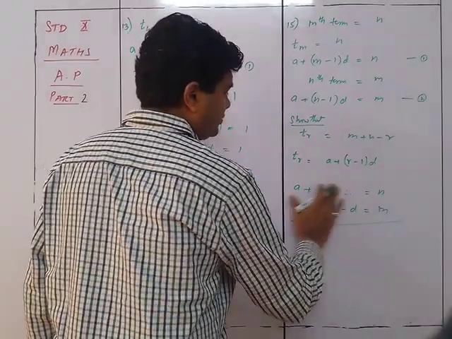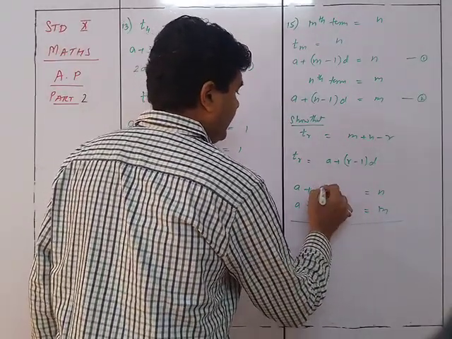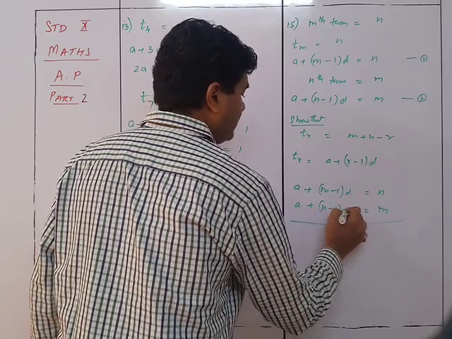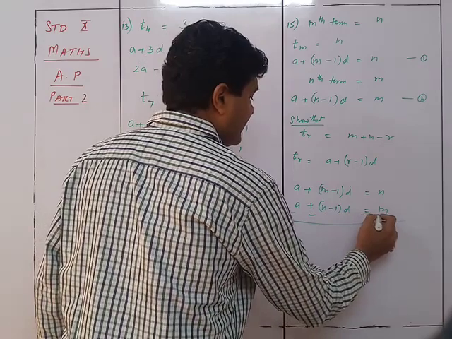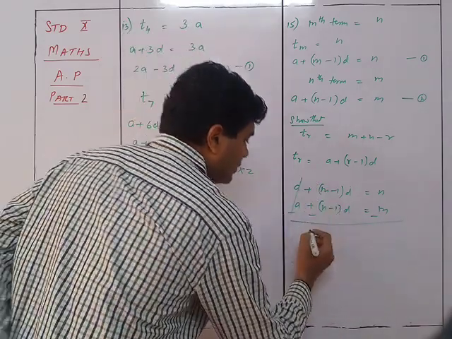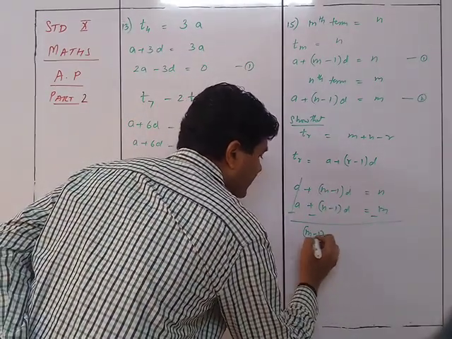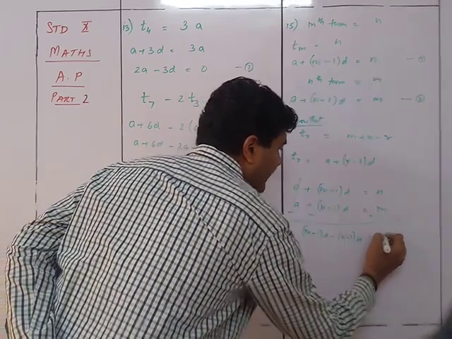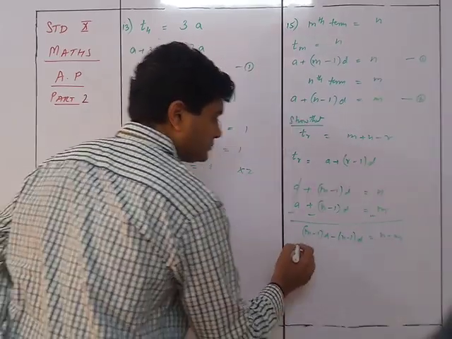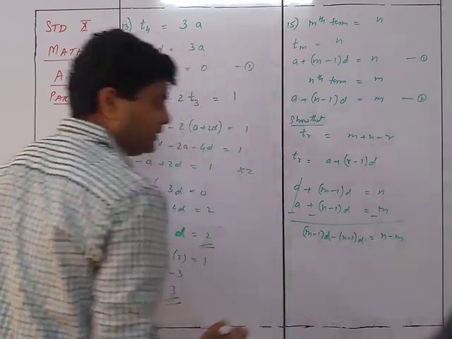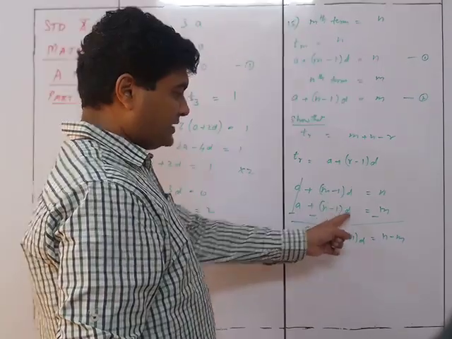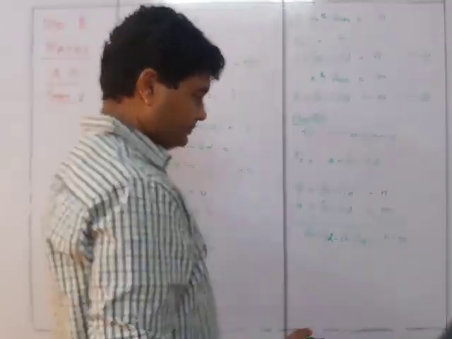The A gets cancelled, so (m minus 1)d minus (n minus 1)d is equal to n minus m. Did you understand this? We are just taking this minus this.